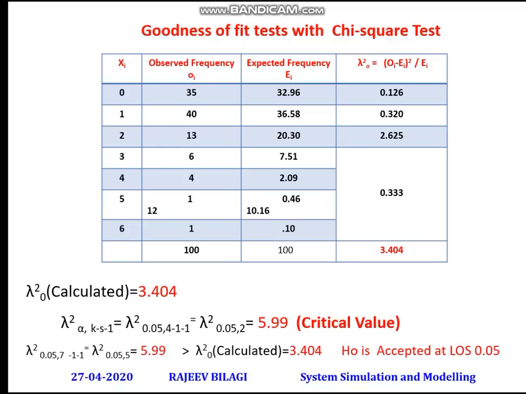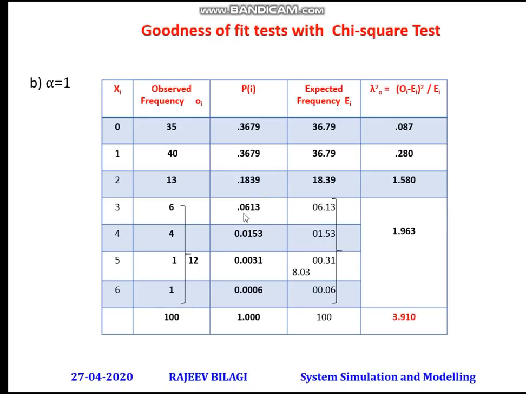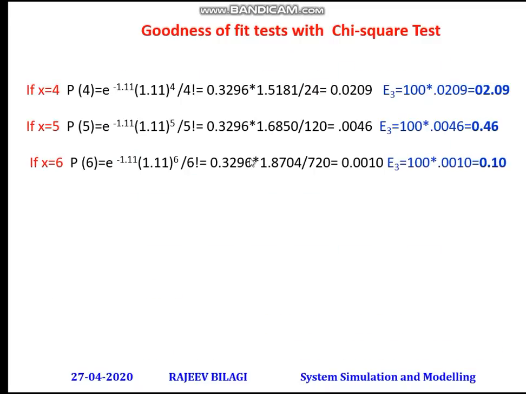Now in the second case, the second problem with alpha equal to 1, if you start calculating the values, you are going to get these values. The variation you will definitely get, because alpha you are substituting as 1.